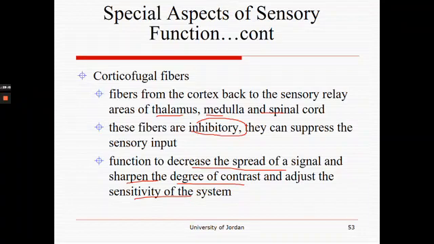They will decrease the diffusion of the impulse. If they decrease the diffusion, they are important for sharpening of the impulse, or increasing the contrast between on and off, and they can adjust the sensitivity. They will bring the sensory system down, inhibited, to be at the level of the highest intensities and highest sensitivity.